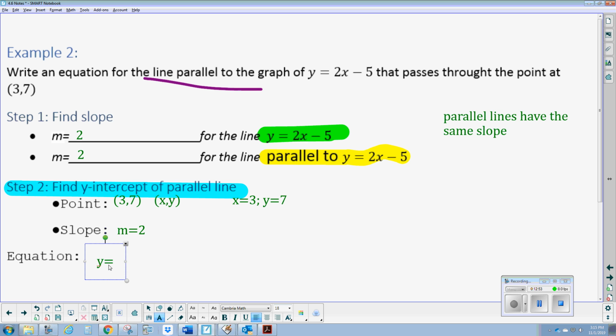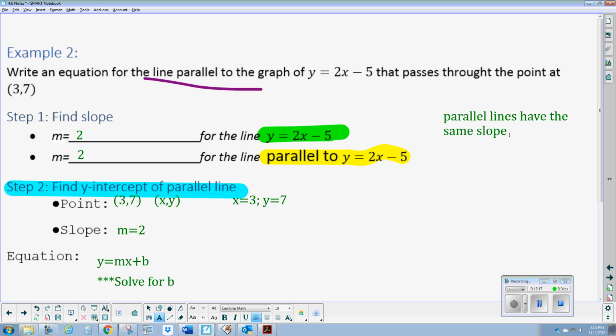So we're going to use the equation y equals mx plus b to solve for b. Because a line that's parallel to 2x minus 5 but is a different line will have a different y-intercept.